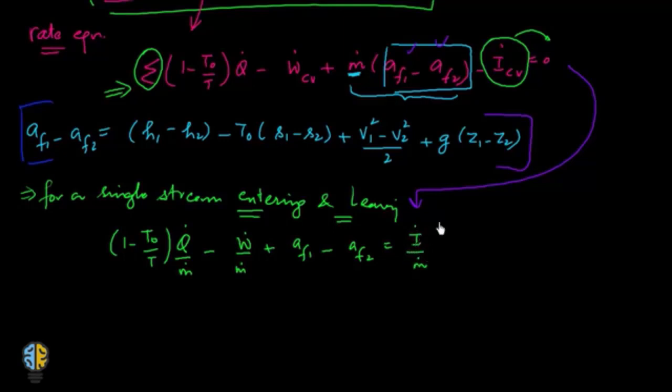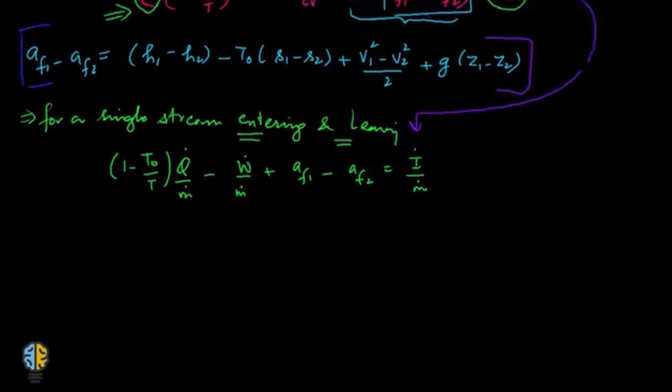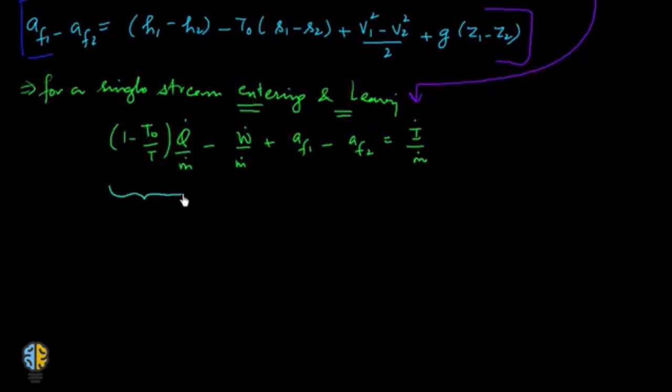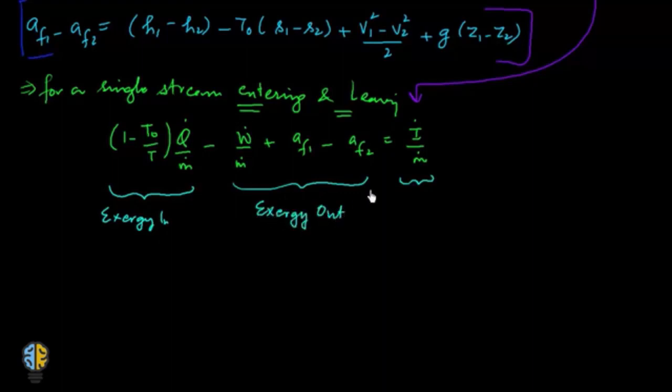Now if you look at these terms one by one, there is one term in the shape of this particular term, the other term is a combination of these terms, and the last term is this particular term. This is the term which says the inlet exergy, so this is exergy in, this is exergy out, and this is exergy destroyed or exergy loss.